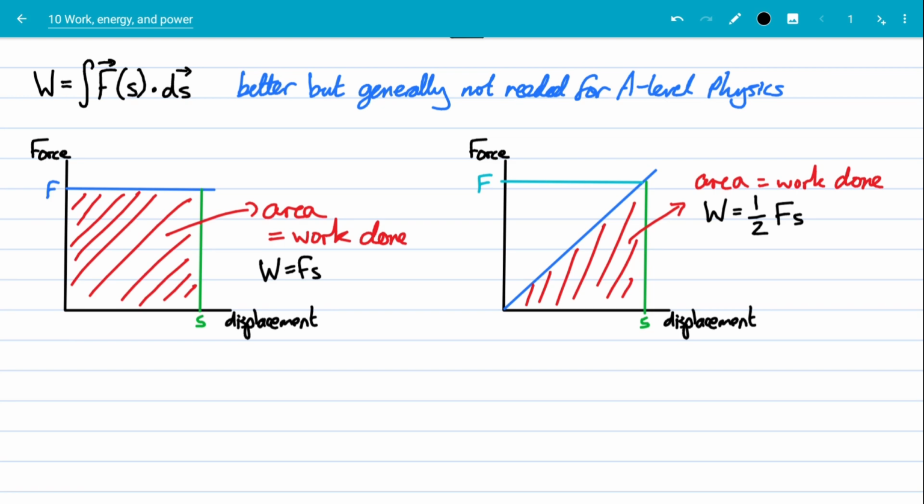At GCSE, work done was just force times displacement. Now work done might be half times F times S. And of course, this is assuming that the force and the displacement are in the same direction. So we should put in here a cosine theta as well. So there's half.